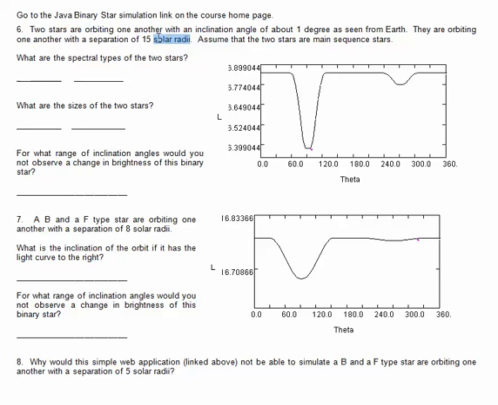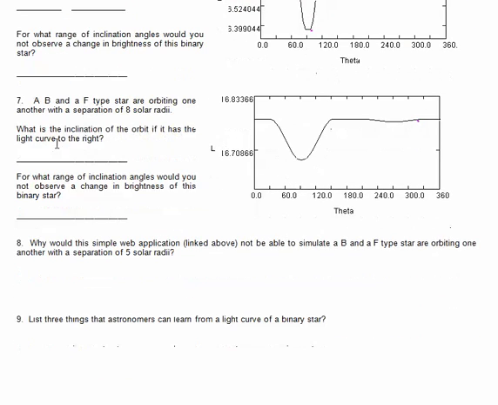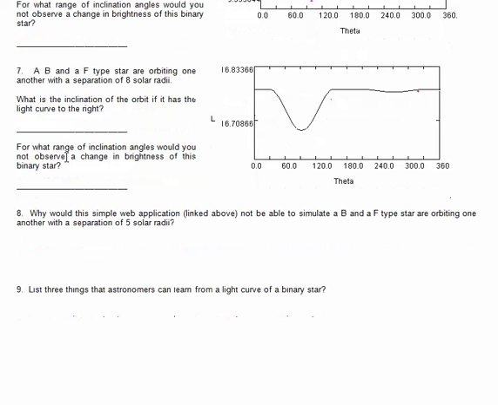Include units like solar radii, because that's relative to the size of the sun. So a 15 solar radii star means that it's 15 times the radius of our sun. Looking down on this one right here, you're adjusting the inclination, so make sure you put an answer here in degrees. For what range of inclinations, you want to have a beginning and end value for that blank.